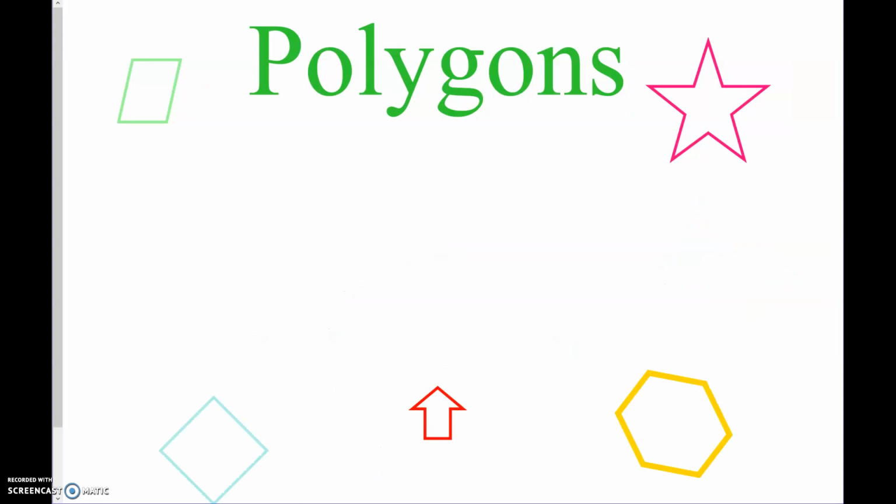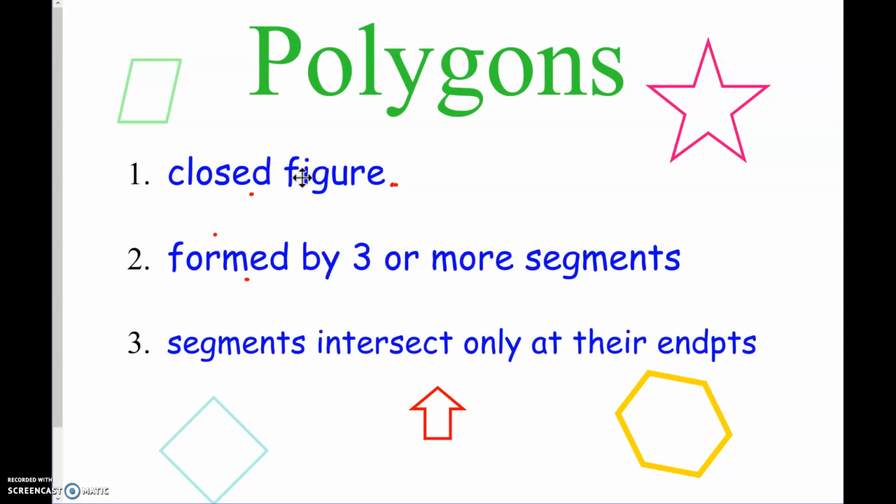All right, what are some properties of polygons? To be a polygon, it first must be a closed figure. It must be formed by 3 or more segments, and the segments only intersect at their endpoints.